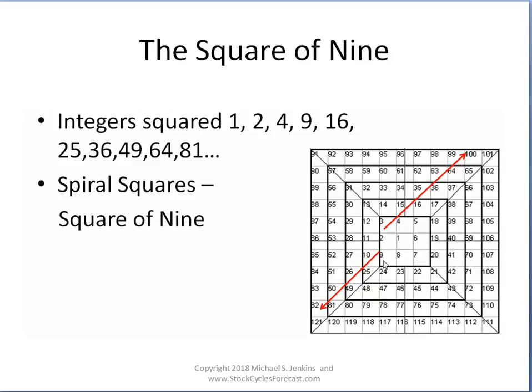So this is 3 squared is 9, 5 squared is 25, 7 squared is 49, 9 squared is 81, and the even squares go up the right side. So 2 squared is 4, and then 4 squared is 16, and 6 squared is 36, and 8 squared is 64. So we also call this the odd and even numbered squares.